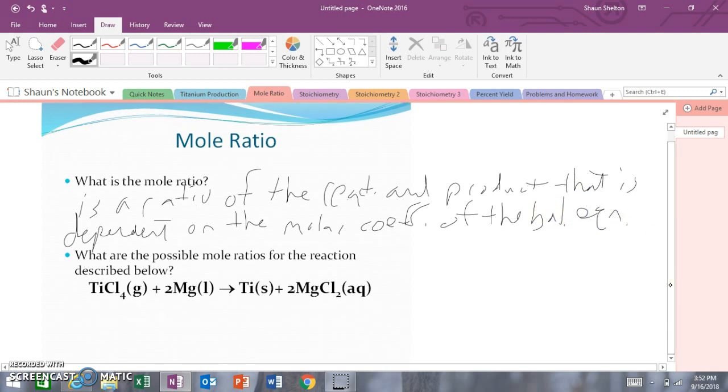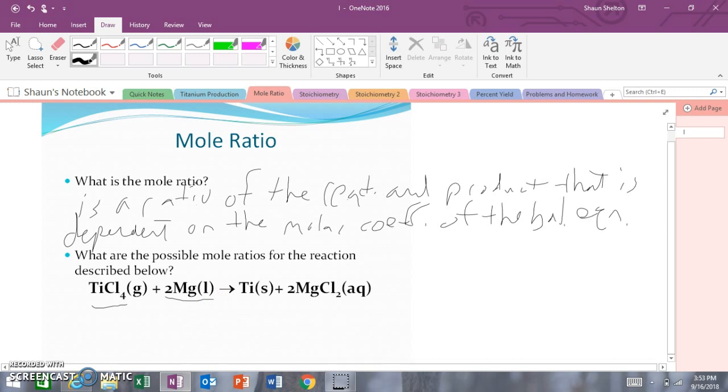So we're going to look at a couple examples here. What are the possible mole ratios for the reaction described below? So we have titanium tetrachloride, we have magnesium, titanium, and MgCl2. We're going to compare Tickle to magnesium just so you get an idea of a mole ratio.